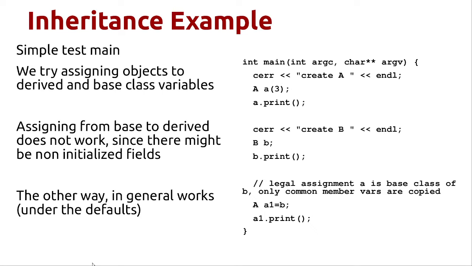Oh, shall we try also the opposite? Shall we try to assign to an instance of an object of class B an object of class A, and see what happens? Now we took a base and a derived, and we assigned it to base. Let's see the opposite.